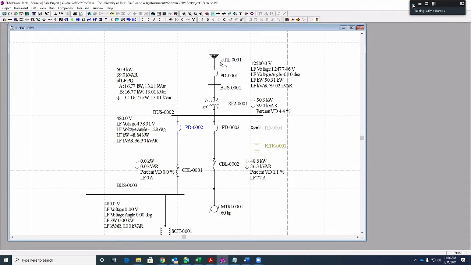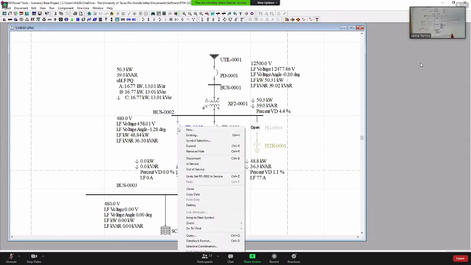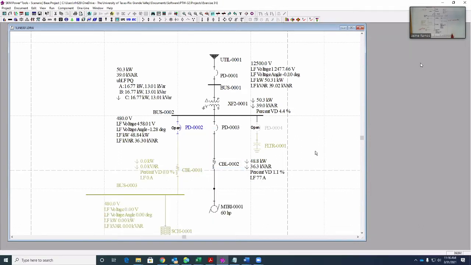Okay. So then what we want to do is run the motor on itself, okay? So it's already selected, right click, out of service. Okay. So then we have this network. See the utility data, 12,500 volts.